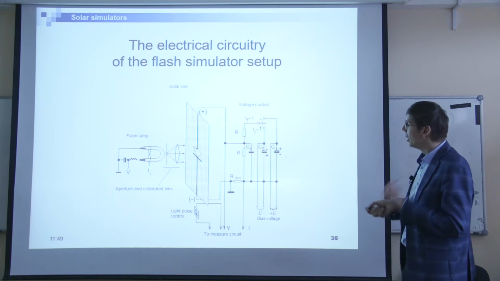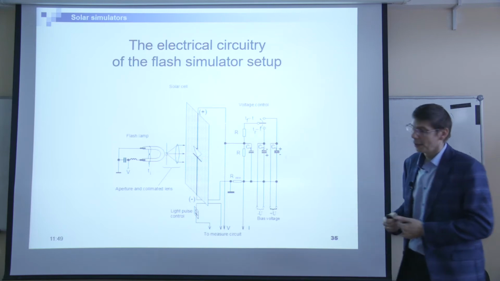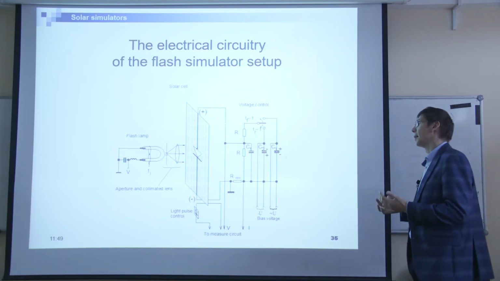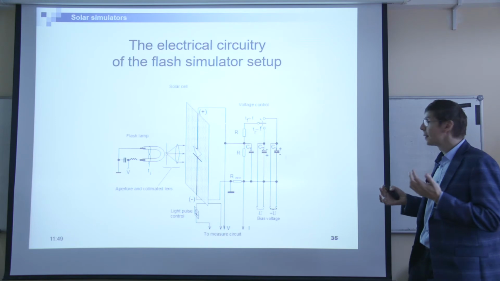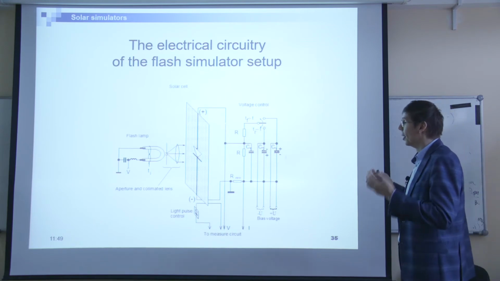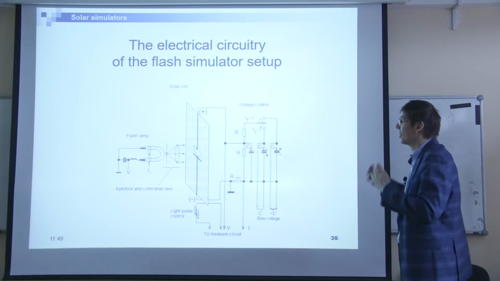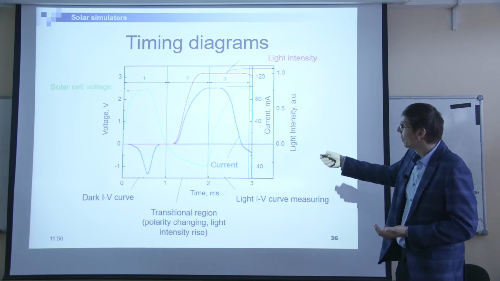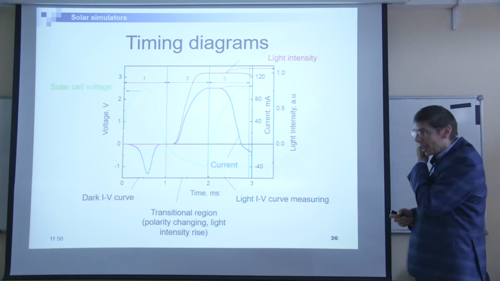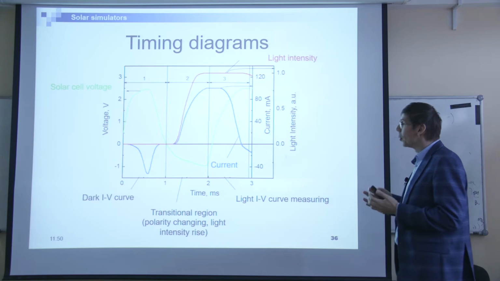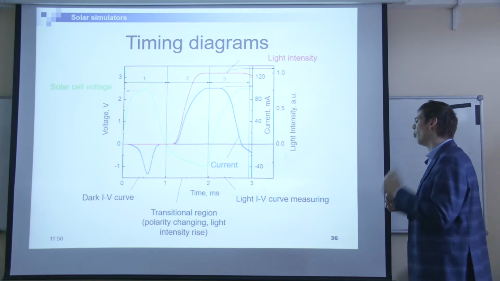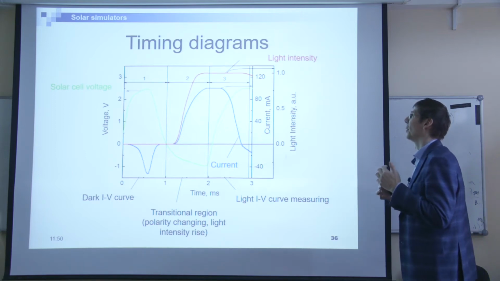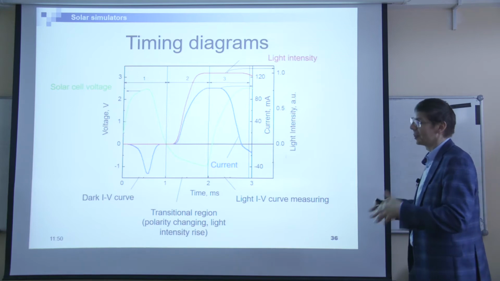If you have some internal capacitance of a solar cell, it means that you have influence of this capacitance on the measurements. I would stress this point because it's one of the important things for this fast measurement of solar cell characteristics.